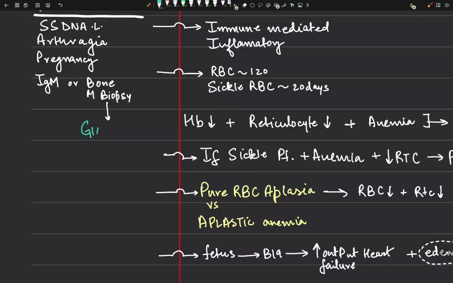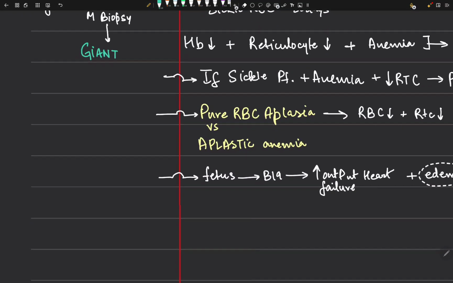On the biopsy, the cool thing we're gonna see is something we call giant cells, because they're dying earlier, that's why they're giant. Usually the size actually decreases as the precursor cells mature. So what are we gonna see?